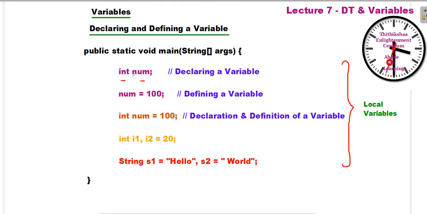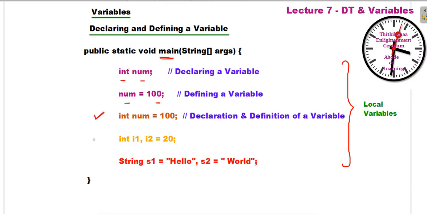This is the declaration of the variable, and when you assign a value to this variable, it is called defining the variable. So in the next line I am giving num is equal to 100, and you must note I am using the main method. Within the main method I am declaring a variable num and assigning the value 100, or otherwise you can give it directly, int num is equal to 100.